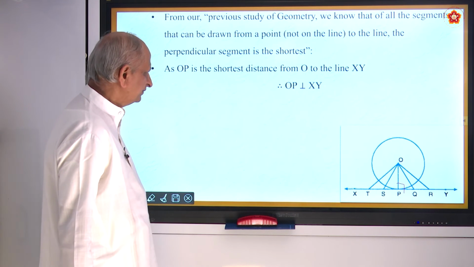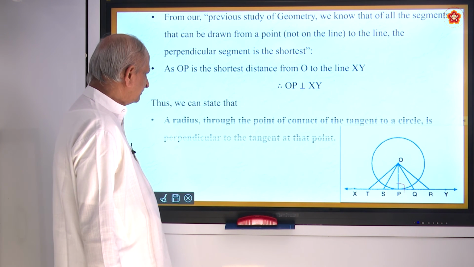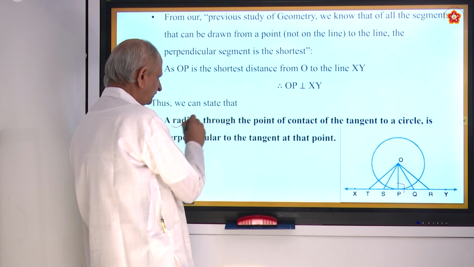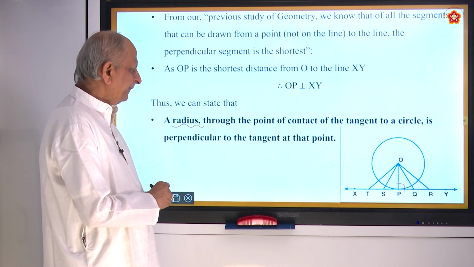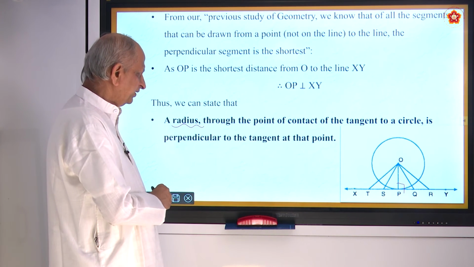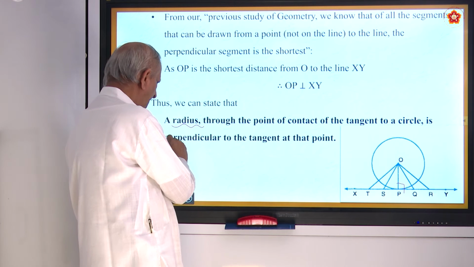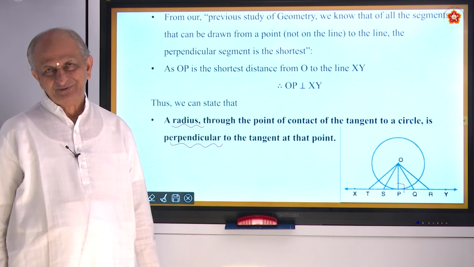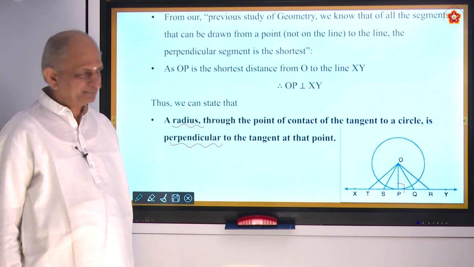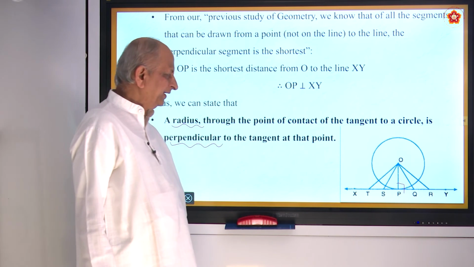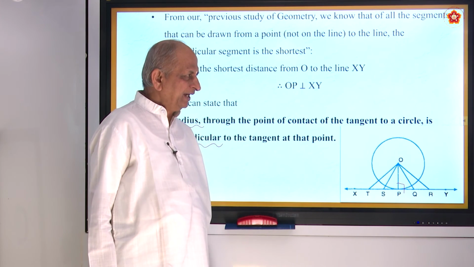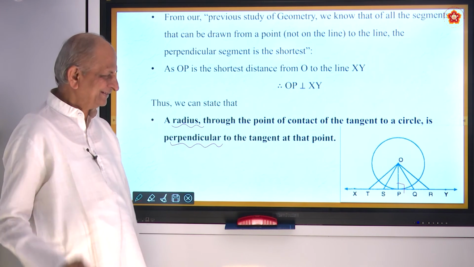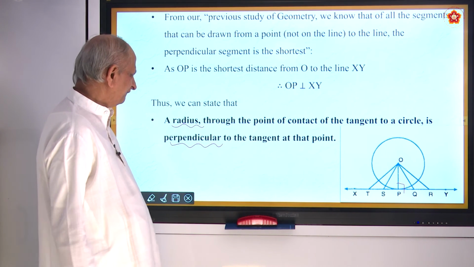Perpendicular line. So thus we can state that a radius through the point of contact of the tangent to a circle is perpendicular to the tangent. So one more property of tangent: a radius is perpendicular to the tangent at the point of contact, not other points. That you must also note.